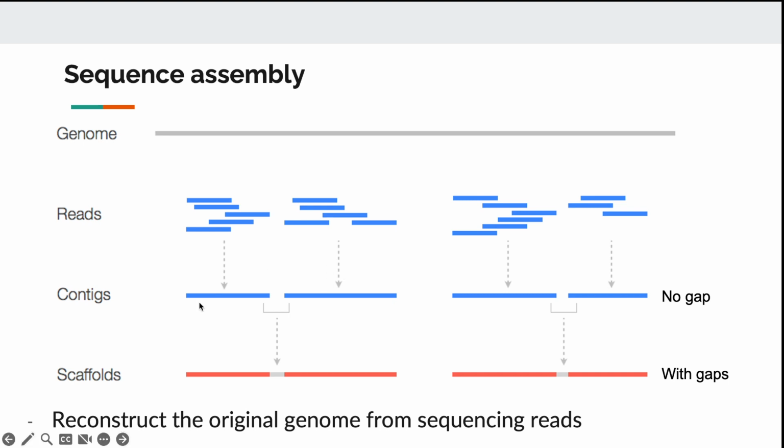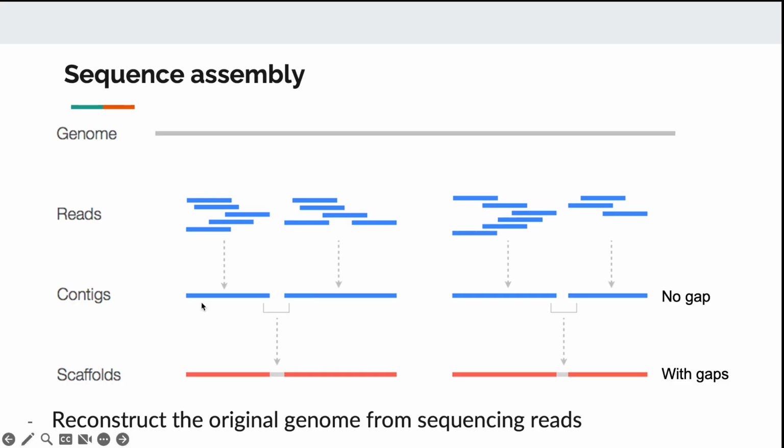So a contig is an assembly of sequencing reads such that there is no gap. For every contig, we know from end to end what the nucleotides are. But sometimes we might have paired-end sequencing data, where we know the sequence from the front, the forward read, and we know the sequence from the back, the reverse read, but we don't know the sequence in the middle, right? You might have a DNA fragment of length, let's say, 1,000, and you sequence the first 100 nucleotides and the last 100 nucleotides in paired-end sequencing.